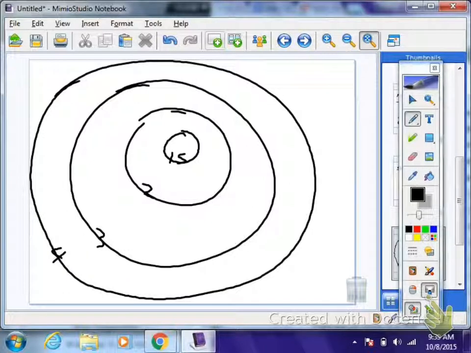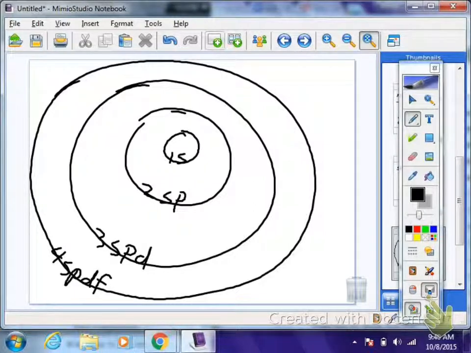An S. What shapes are in the second shell? S and P. Both. The P's come in the second, but the S's are in everything. Okay, the third one is going to be SPD. And the fourth? SPDF.